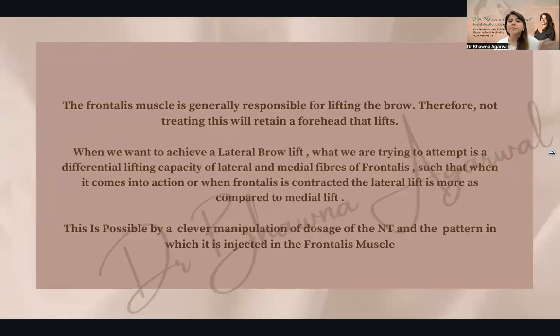Now, the frontalis muscle, as we know, is generally responsible for lifting the eyebrow. Therefore, when the frontalis muscle or forehead is not treated, the entire forehead has the capacity to lift.